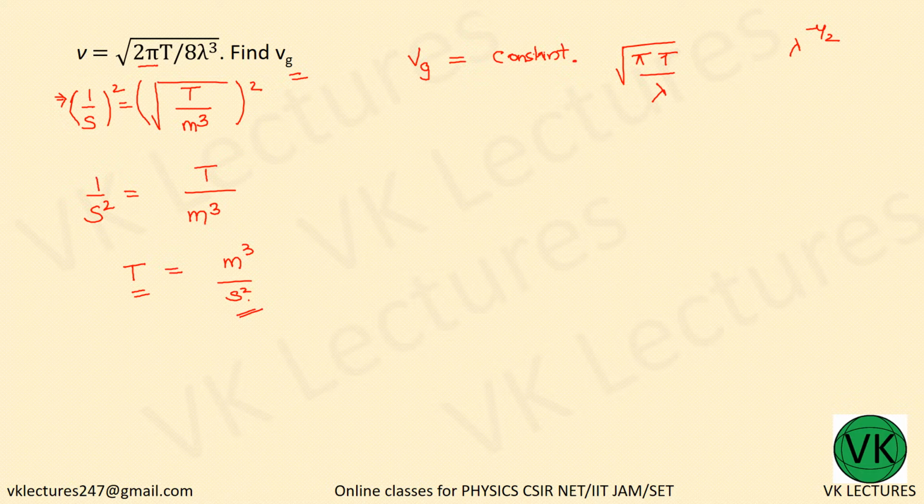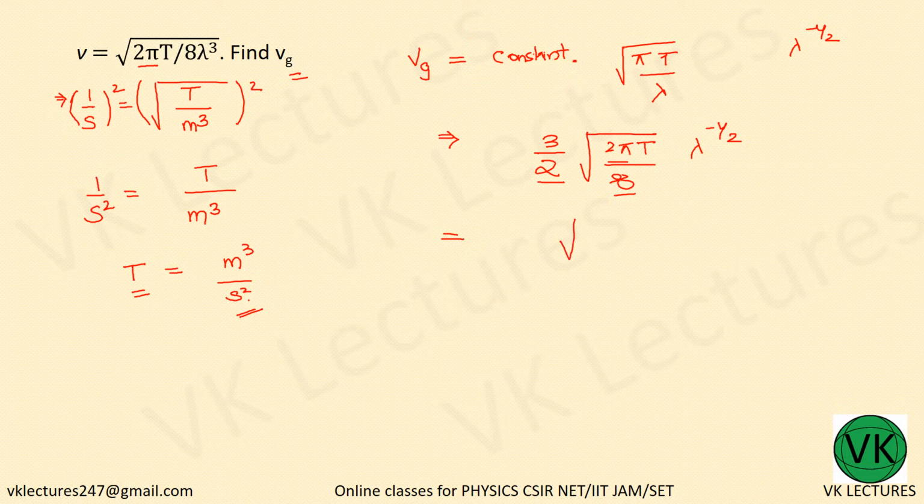Or if you want to write the answer as it is, we have written 3 by 2 root of 2 pi T divided by 8 times lambda to the power minus 1 by 2. So this is what we know. Now this 3 by 2 we can forget, this 2 pi forget, 8 also you can forget.